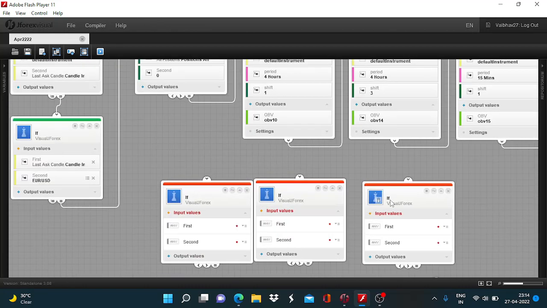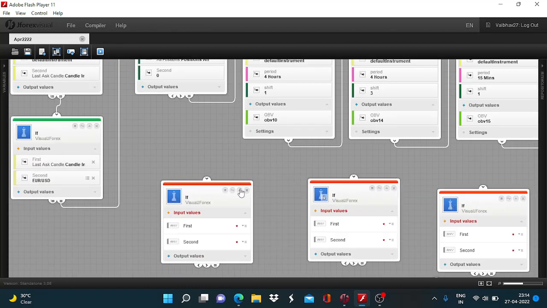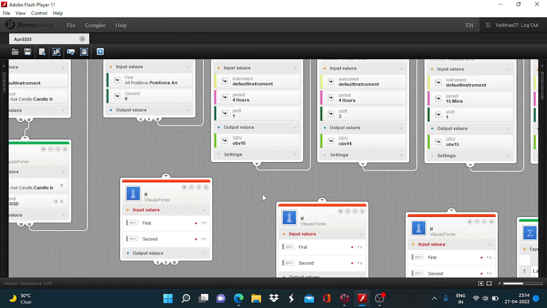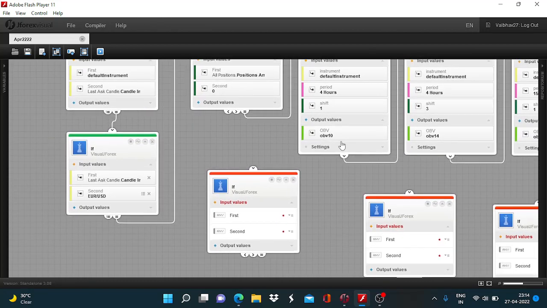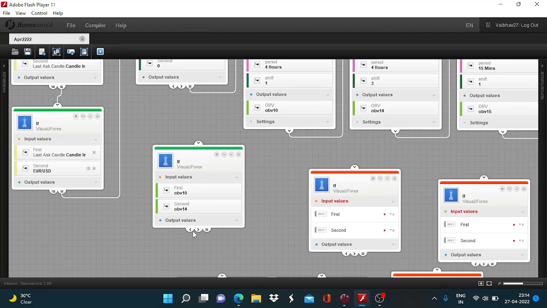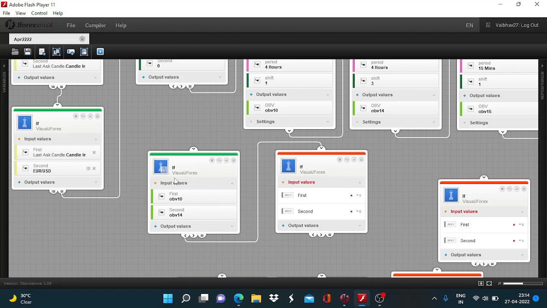First condition we need is that the OBV output value of the 10 minute, not 10 minutes, sorry, 4 hourly candle period to be in decline. So OBV 10 needs to be less than OBV 14. First input less than second input. All right.